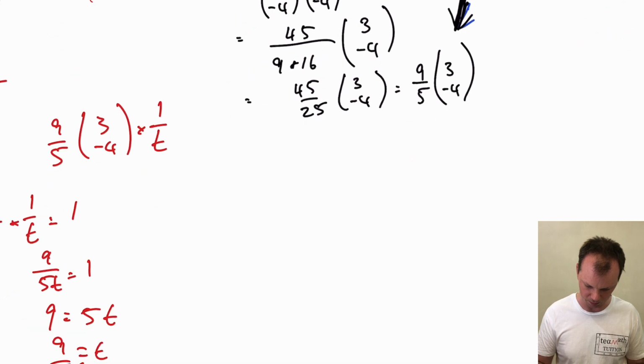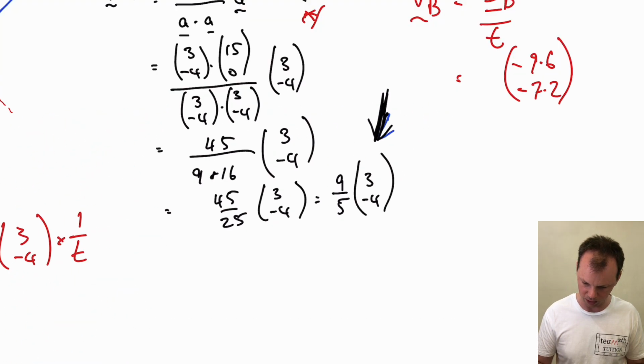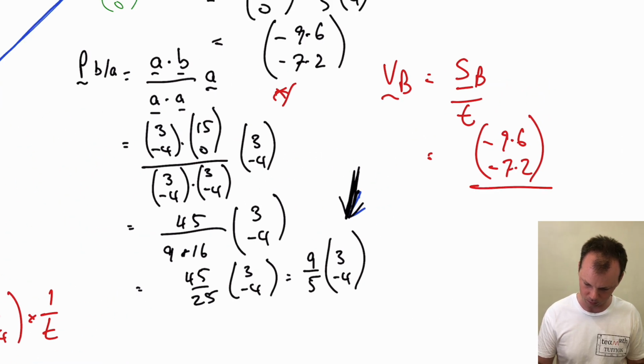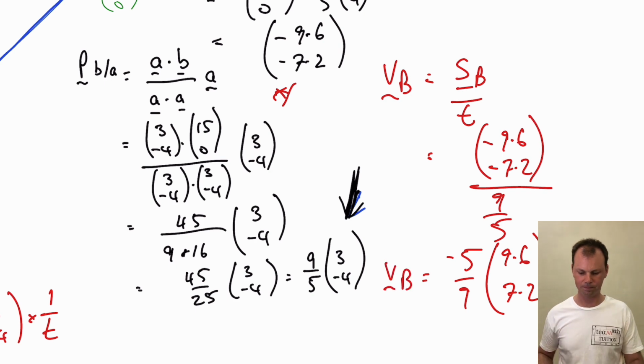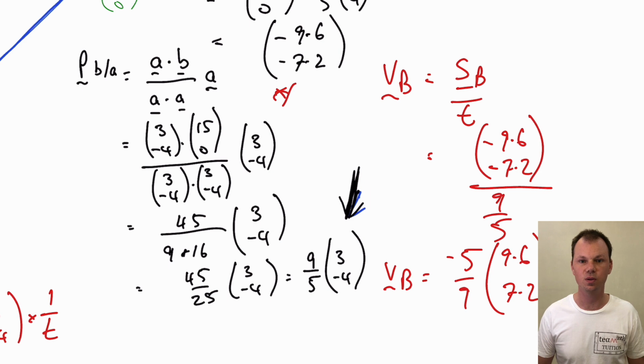What was our time? 9 on 5, so 5 on 9, negative 9.6, negative 7.2. And that's our velocity of B. Okay, so that's question 3.